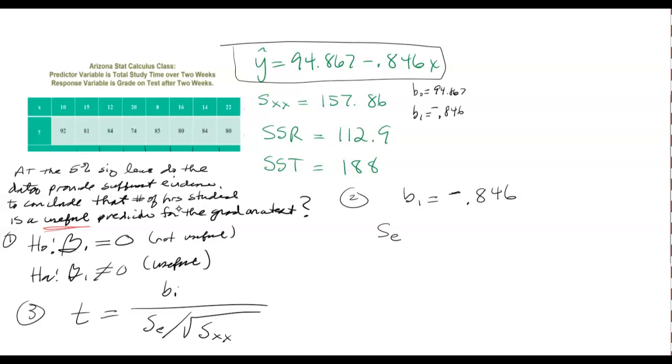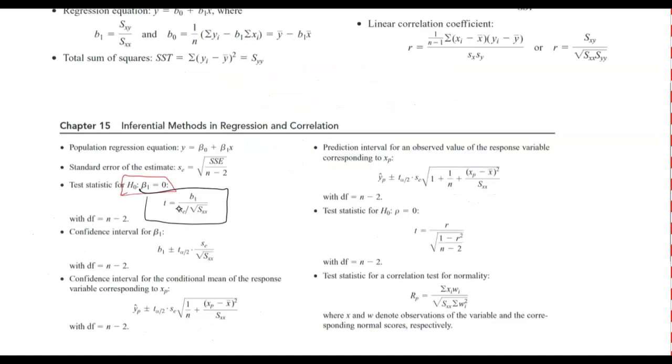I talked about this in the last video with residual plots. That is the standard error of the estimate. The formula is here. It's kind of like stating this is the standard deviation of all your residuals. Residuals represent those e values, the difference between our raw value of y and what we would get if we used the regression equation.